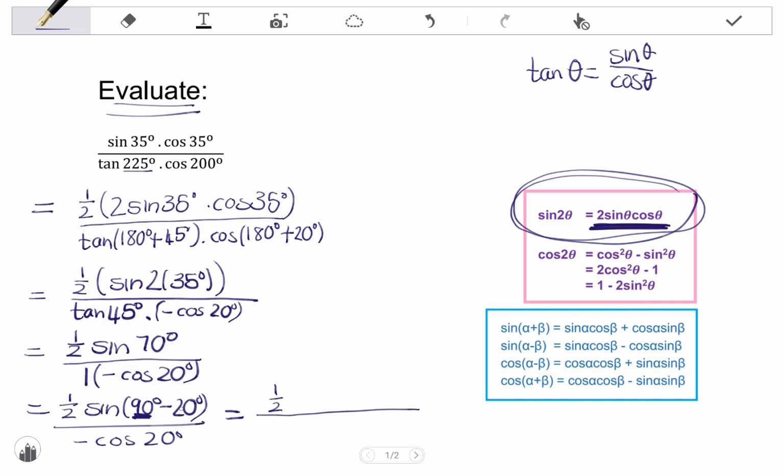This is in the first quadrant, so every trig function is positive, so it reduces to cos 20 degrees. Then in the denominator I have negative cos 20 degrees, so because I have one term, I can now cancel my common factors, and I'm left with negative a half.